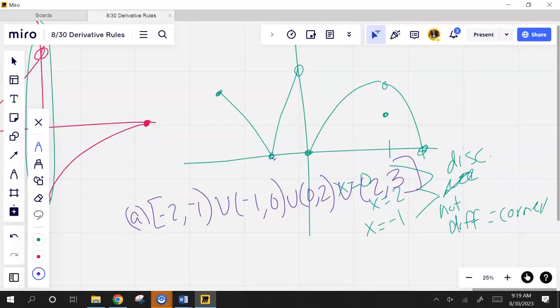Then part B, where is it continuous but not differentiable? The only thing that's going to change here for part B, this is continuous. That point makes it continuous, but it's not differentiable. So for part B, I'm going to do all of this, but I'm not doing this part.